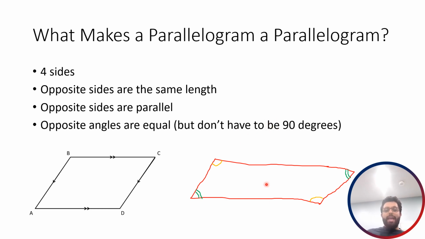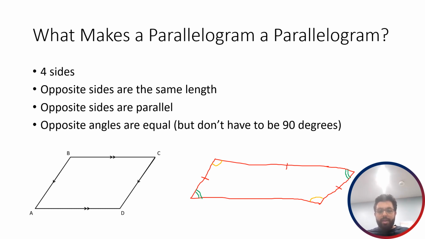The parallelogram is exactly like the rhombus, except you don't have to have all four sides be the same length. In terms of side length, it's more like a rectangle: the opposite sides have to be the same length, but they don't all have to be the same length as each other. So the rhombus is like the cousin of the square, and the parallelogram is like the cousin of the rectangle. I'm going to say that the left side and the right side are the same length, so that's one tick mark through each of them.